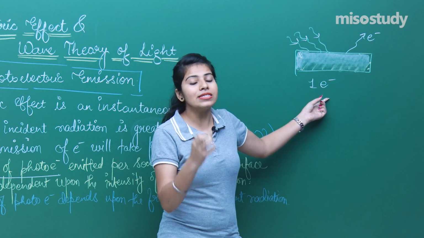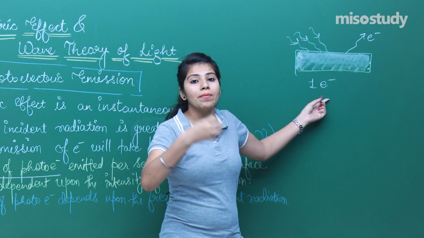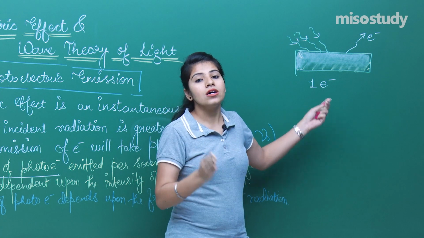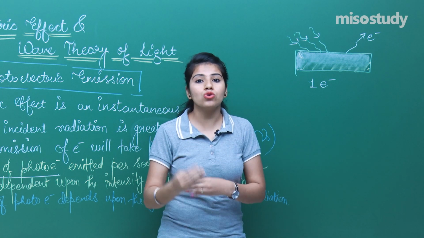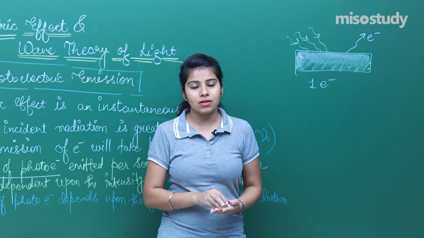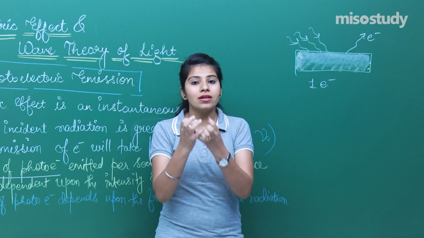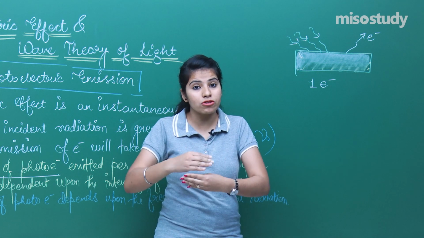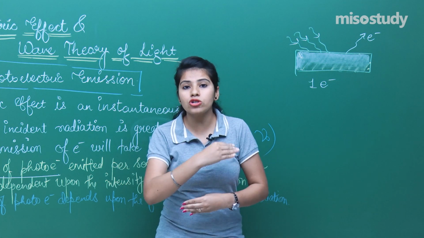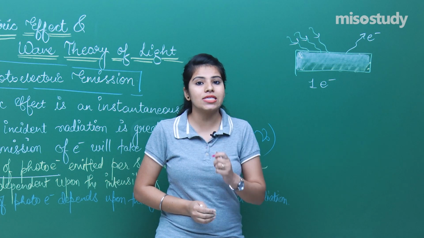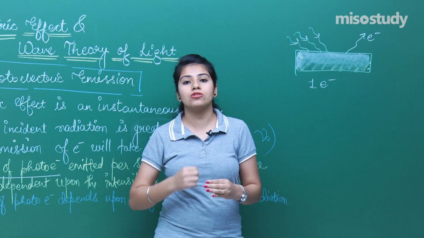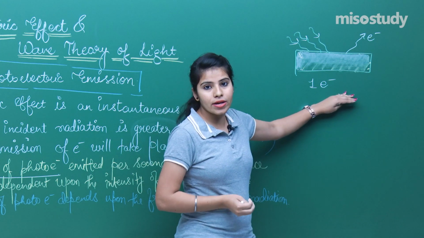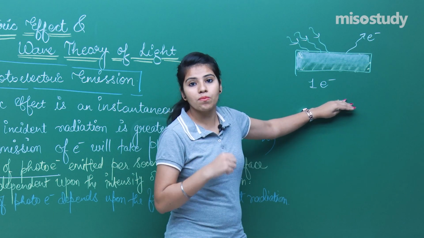To gather that much energy which is required to emit out of the metallic surface, it would need around 1 month or 2 months or a number of days. So to reach the energy equal to the work function of the metal, that is for a frequency greater than the threshold frequency, it will require a number of days or months.